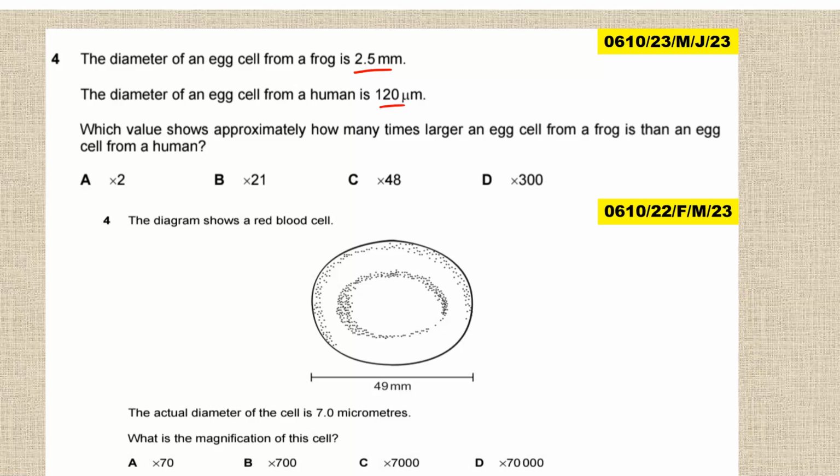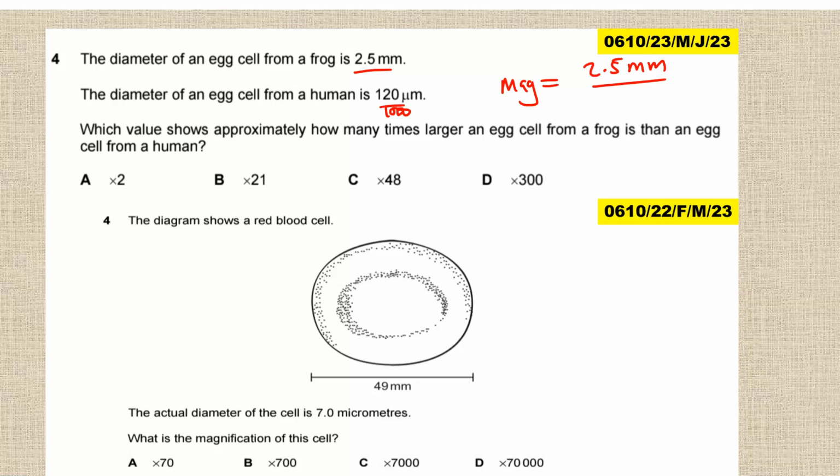Okay, so we are finding magnification still. So magnification is equal to, in this case, the diameter of the egg from the frog, which is 2.5 millimeter, divided by the diameter of an egg from a human, but we need to convert it into millimeter.